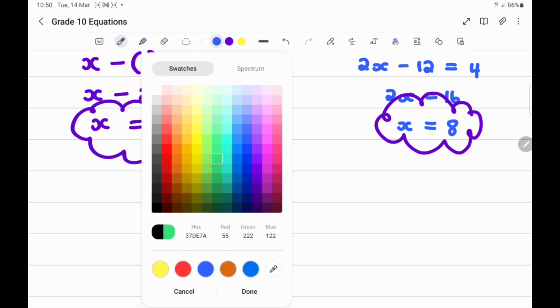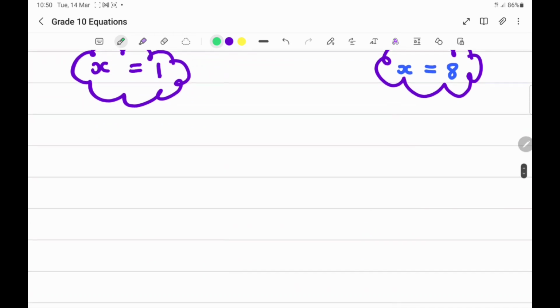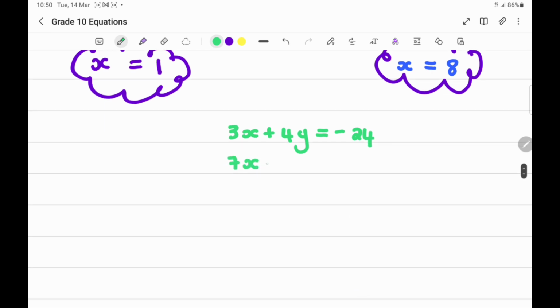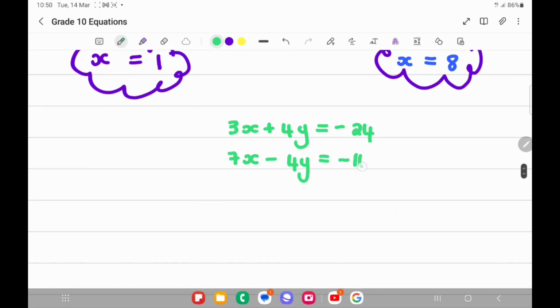All right, let's have a look at another example. So if I've got 3x plus 4y is equal to negative 24, and 7x minus 4y is equal to negative 16.